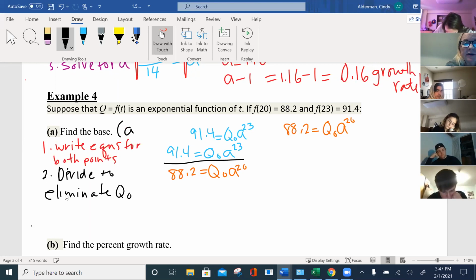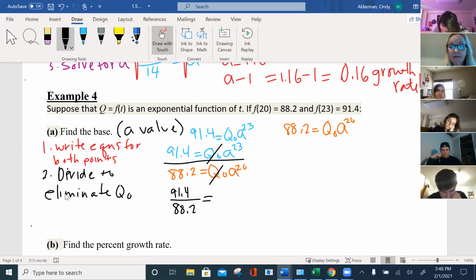What they mean is the A value. Okay, so if we eliminate this, then what we can do is take 91.4 divided by 88.2. There's the equal sign from the problem. And now I have A to the 23rd over A to the 20th.